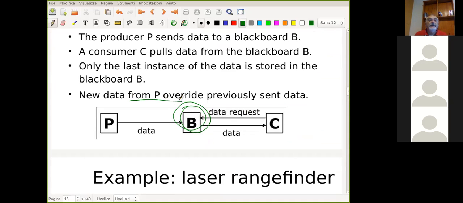New data from P override previously sent data. But in general, all consumers can consume that datum, so it's not erased by the first one who reads it. So if there is a C1 that requests data, the data is persistent, and is changed only when P generates a new datum.